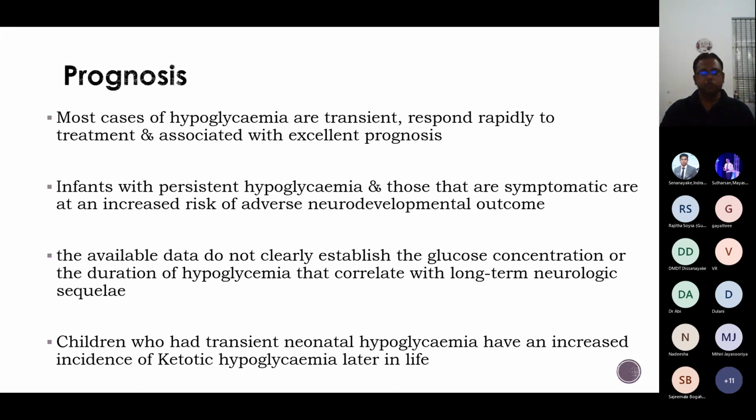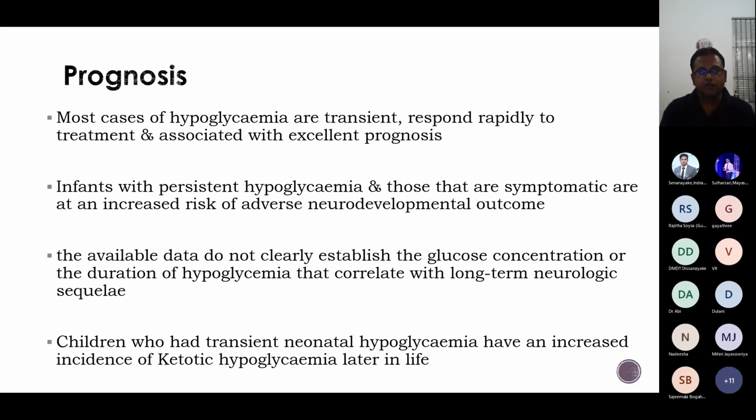What is the prognosis? What will happen to these babies who are having low blood sugar levels? So most cases of hypoglycemia are transient and respond rapidly to treatment, and usually they have an excellent prognosis. The ones who will have problems are the ones with persistent hypoglycemia and ones who are symptomatic, for example, babies who got convulsions due to hypoglycemia.